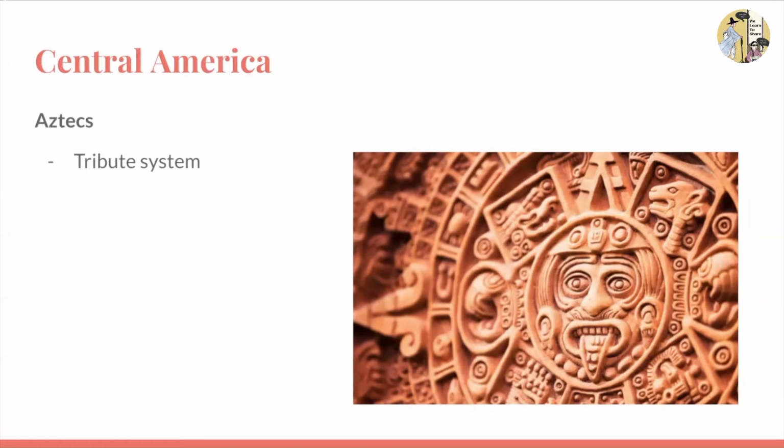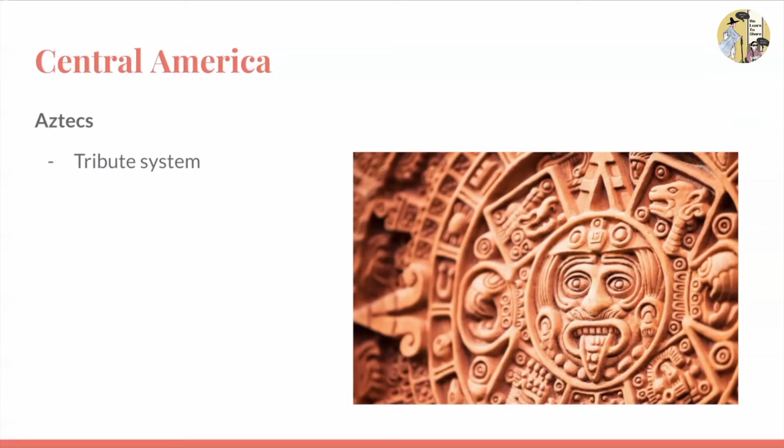To give a brief overview, the capital city, Tenochtitlan, was founded in 1325, and from then on, the Aztecs conquered much of Central America, which they were able to do through a tributary system, which was administered by a local governor. This consequently allowed the Aztecs to control their political influence and dominance throughout all of their lands without having to be physically present everywhere.